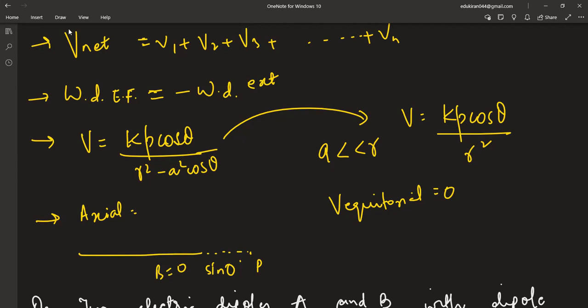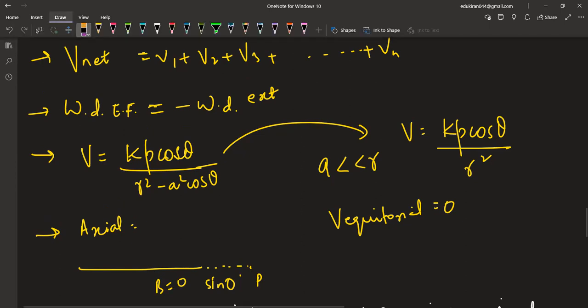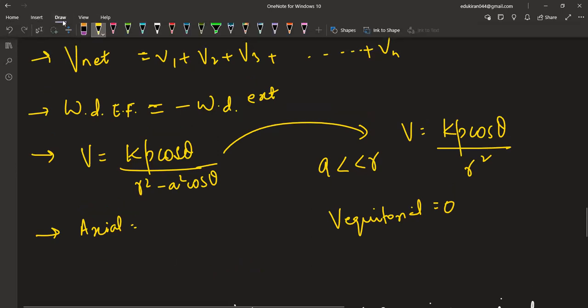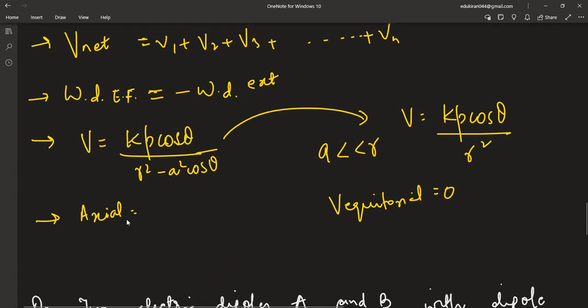Same thing is applied over here, because you are taking the point exactly on the axis. Theta will be 0. Always remember, axial line means only that theta is 0. Fine. So this becomes Kp divided by r square because this term finishes off.